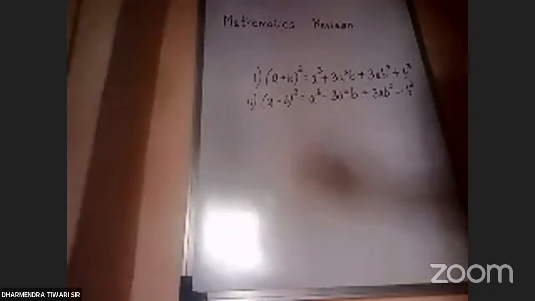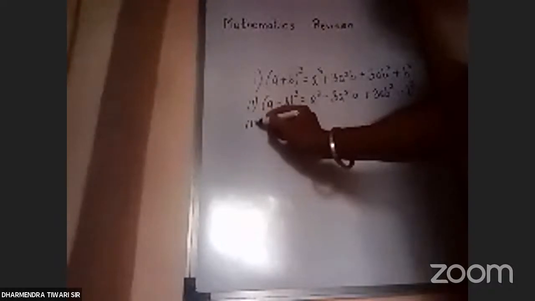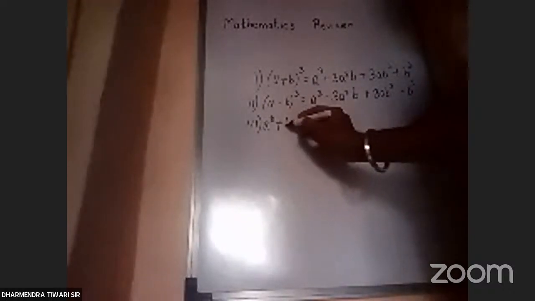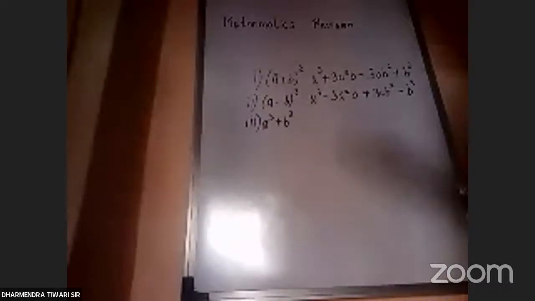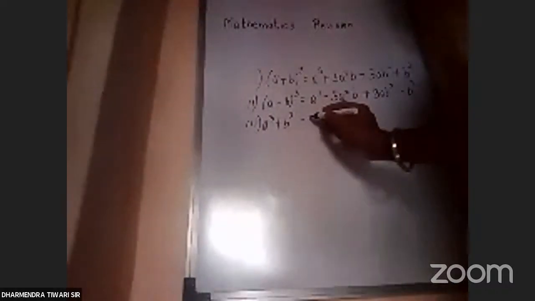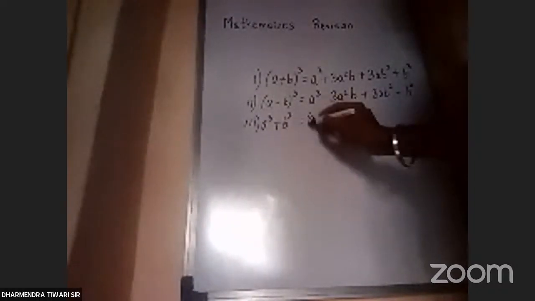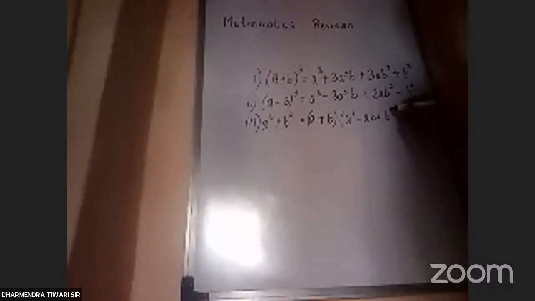Next, third, a cube plus b cube. The formula is, we have done it yesterday, a plus b in bracket a square minus ab plus b square.